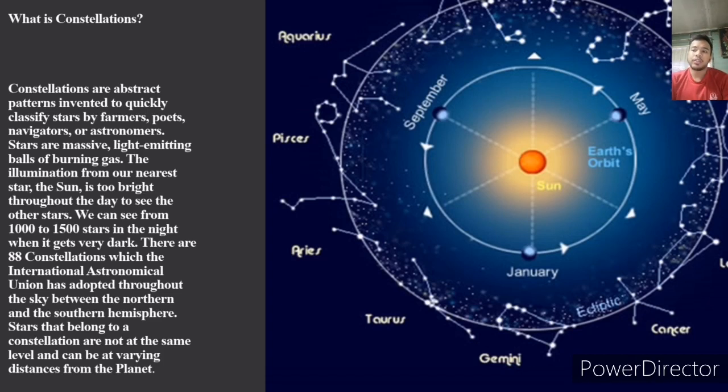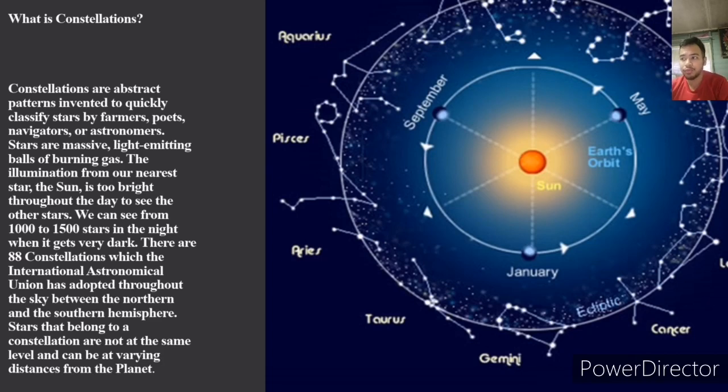So as we can see here, we have 12 constellations, which we usually call the zodiac. They also represent our months, from January to December. We have here Sagittarius, Scorpio, Libra, Virgo, Leo, Cancer, Gemini, Taurus, Aries, Pisces, Aquarius, and Capricorn.